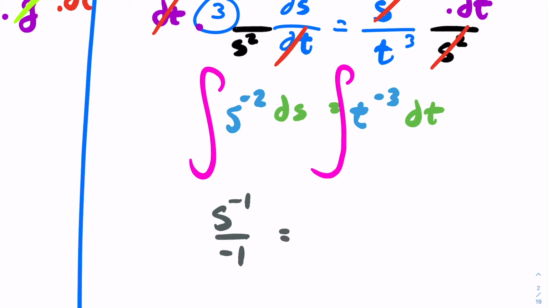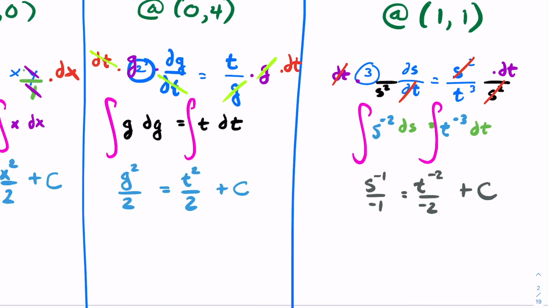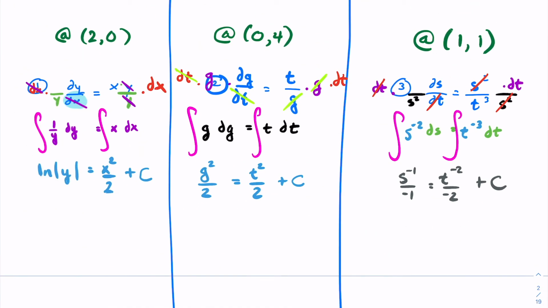Because remember, you add 1 and you divide by the new power. So this will be t to the negative 2 over negative 2. And don't forget your plus c. So there's your second step right there. We separated, then we integrated.